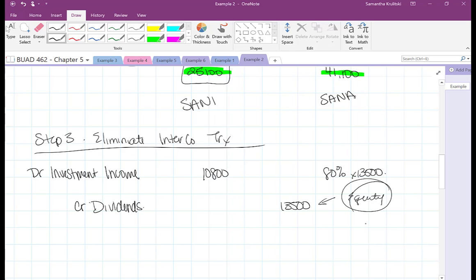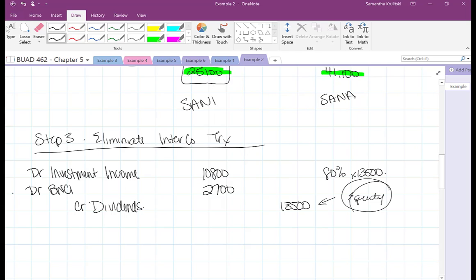So our journal entry doesn't quite balance here. What is our balancing entry? Our balancing entry is to BNCI, our non-controlling interest, the portion of the dividend that they received. So we're going to debit BNCI for $2,700. And that is that 20% that's going to the non-controlling interest.